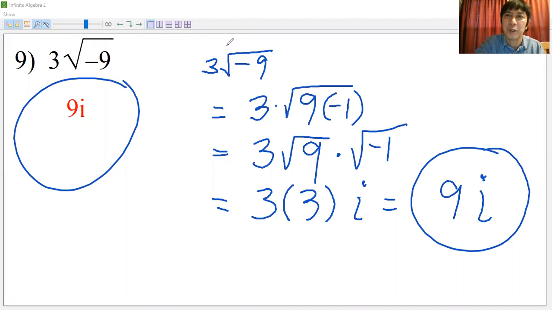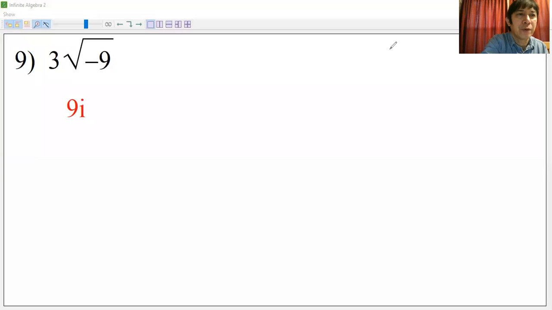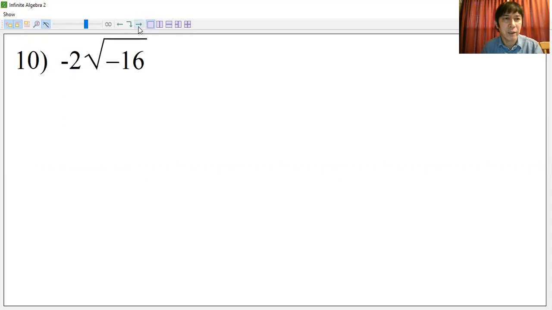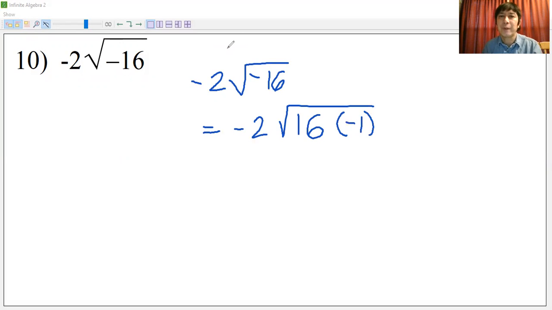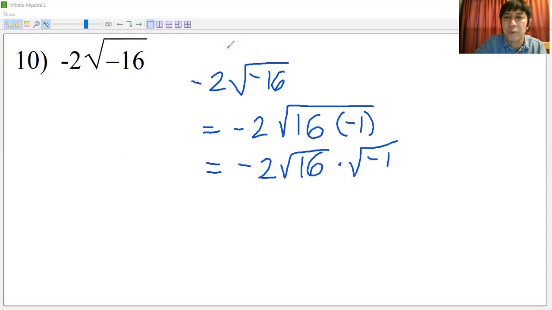Let's continue with the next, number 10. Okay, here's number 10. Negative 2 square root of negative 16. Simplify negative 2 square root of negative 16. Let's copy the problem. So this remains negative 2. This is now square root of 16 times the negative 1. We will split the square root into two square roots. We will have square root of 16 times the square root of negative 1.